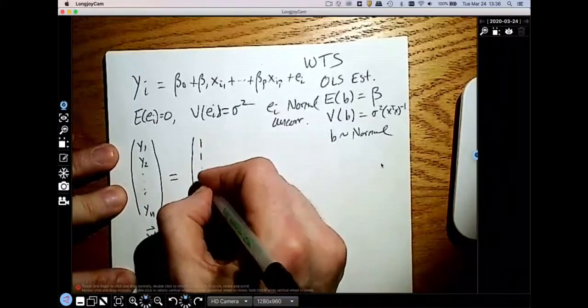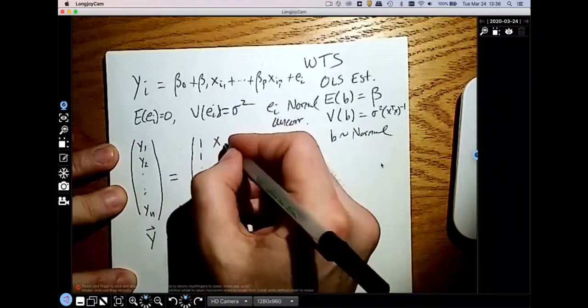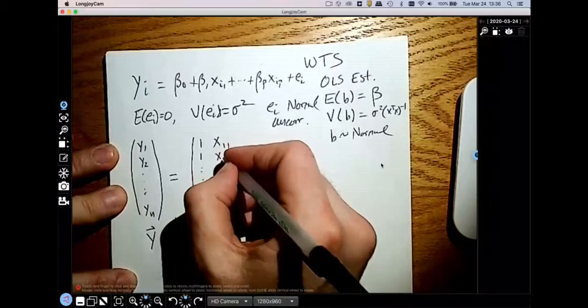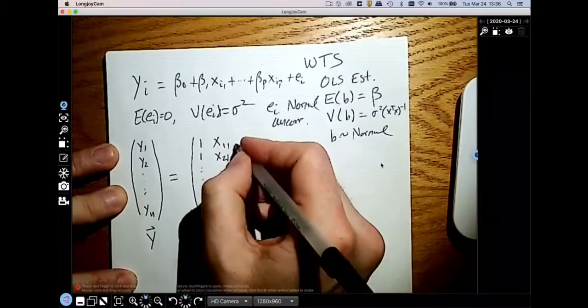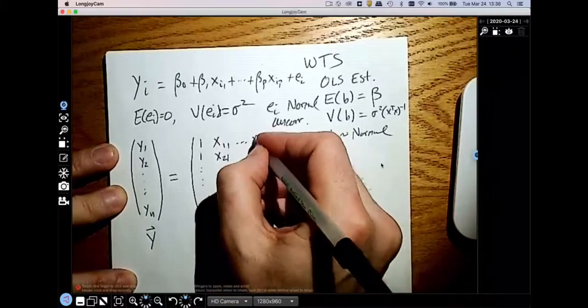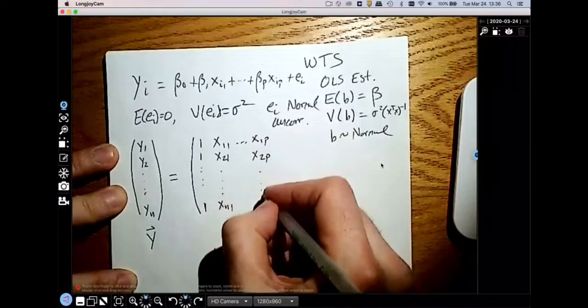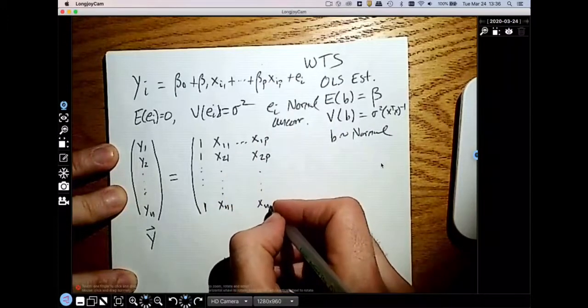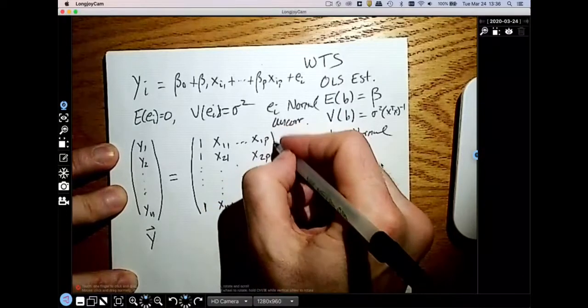I'm going to have a column of 1s, then my x's: x11, x21, all the way through xn1, and so on through x1p, x2p, all the way through xnp. You can put dots everywhere if you like.